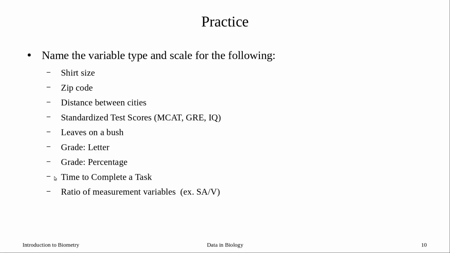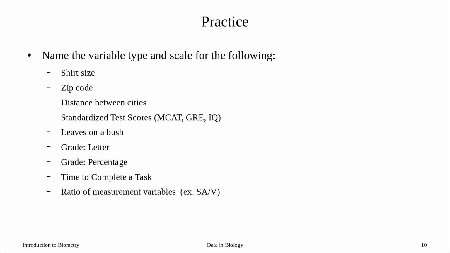For practice, I want you to name the variable type and the scale for these following variables. I'm going to let you pause it so you can jot down your answers. This will be on quizzes and on tests. Your options for the variable type will be qualitative, continuous, or discrete. Those are the 3 variable types that we'll use.